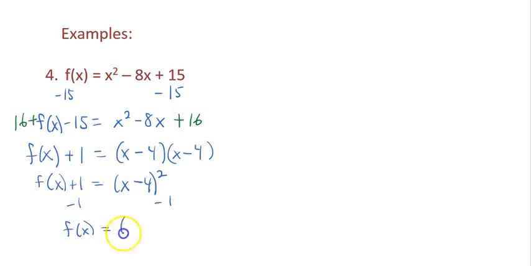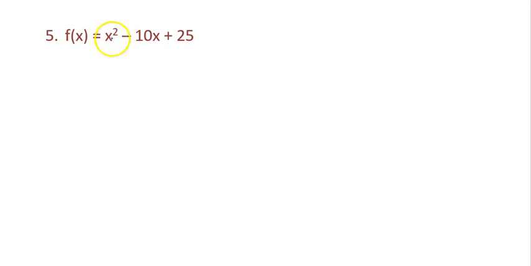So f of x is x minus 4 squared minus 1. And you'll notice that is now vertex form. My vertex for this is at 4, negative 1. And I could sketch the graph if I wanted to, because this is now in the form of those easy examples that we did at the beginning.